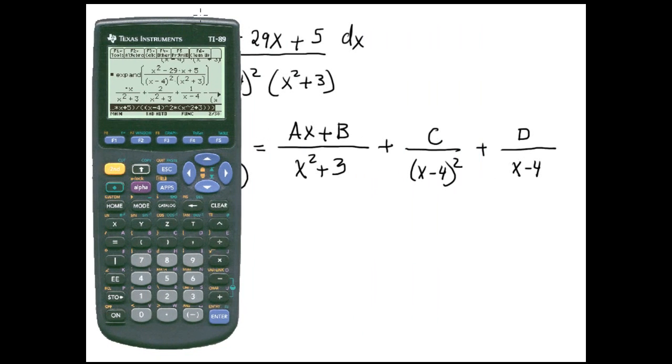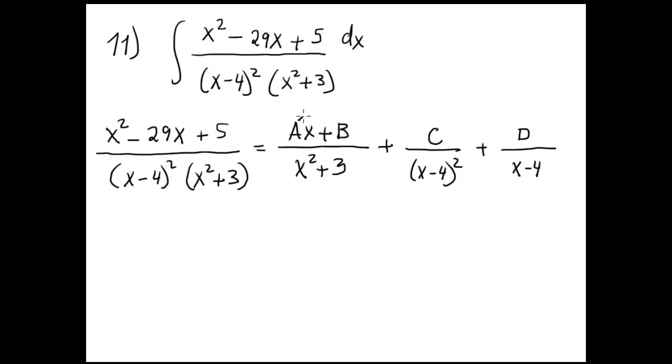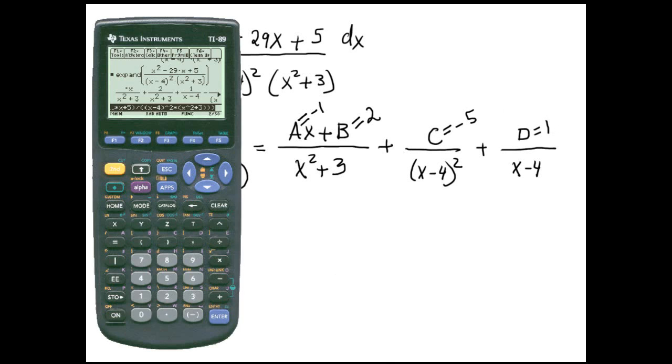Okay, so the answer is A is -1, B is 2, C is -5, and D is +1. Let me check it just in case. -1, 2, +1, and -5. Perfect. Super.